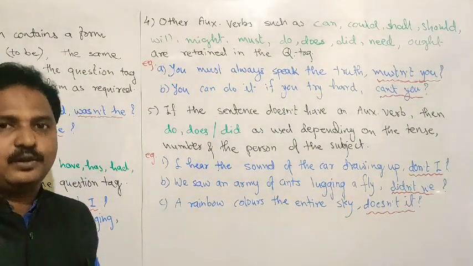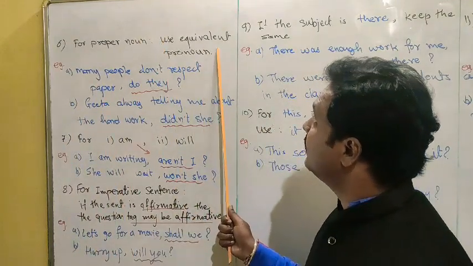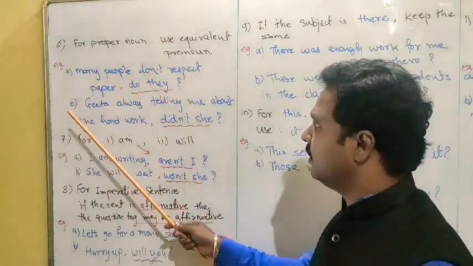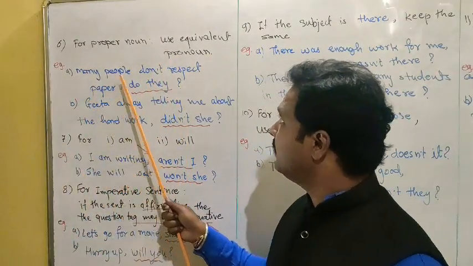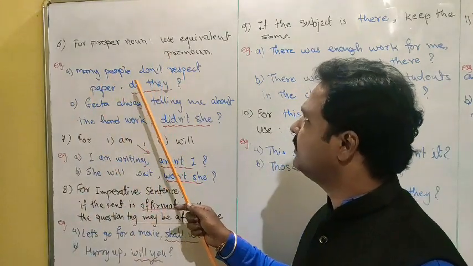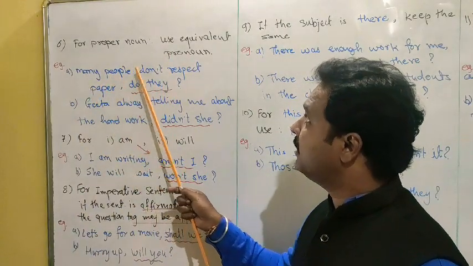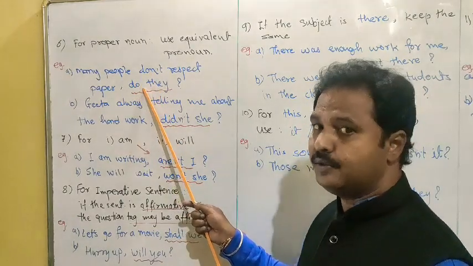Let us see the further rules. For a proper noun, we use the equivalent pronoun. Whatever equivalent pronoun is there, we have to use here. For example, many people don't respect paper. Here, many people don't. Do is there. So, not is usually here, so here we don't use not.